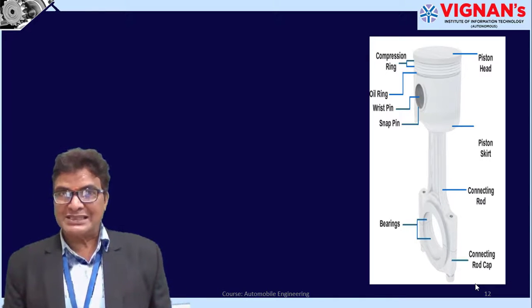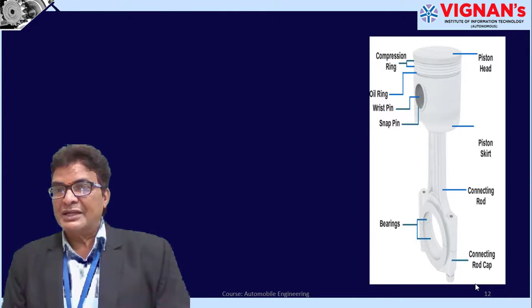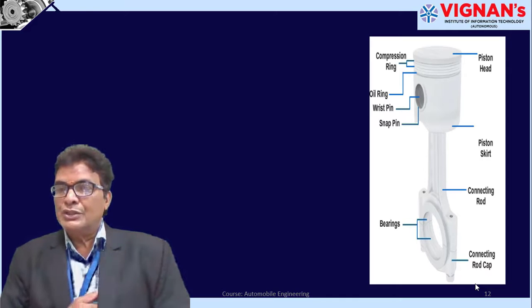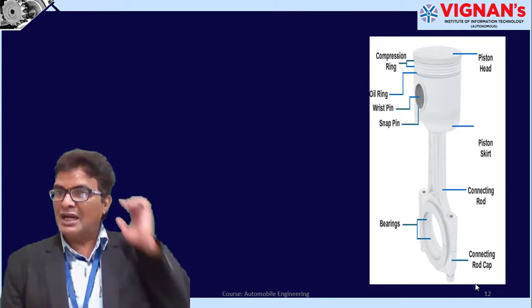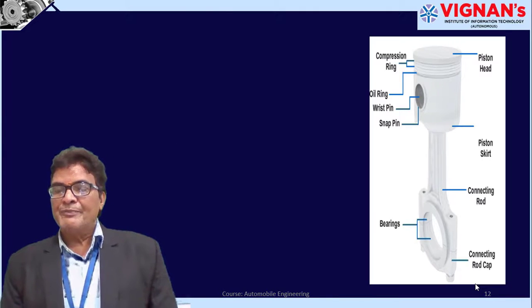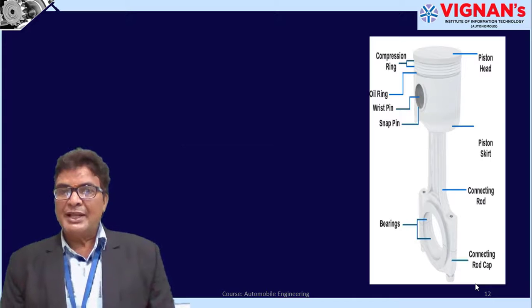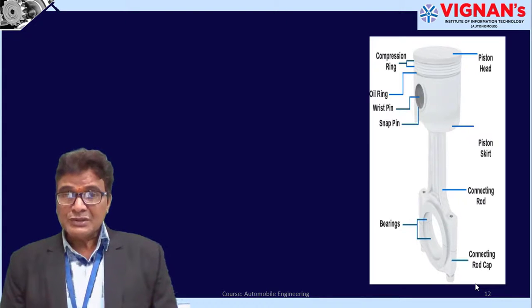So the piston should be such that it can resist the heat developed by these burnt gases. This force is called impact force. The piston should be strong enough to resist the impact force given by the burnt gases inside the combustion chamber of the engine.